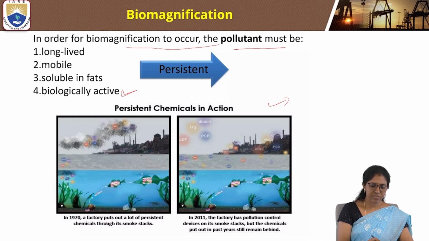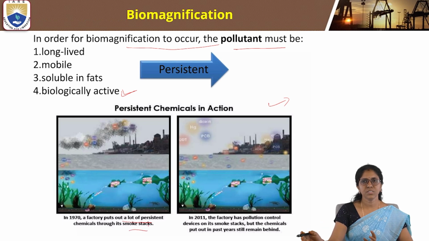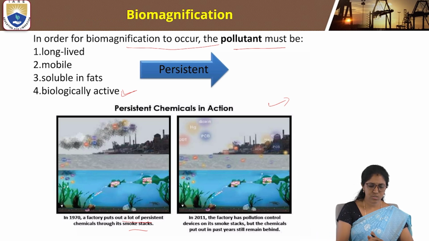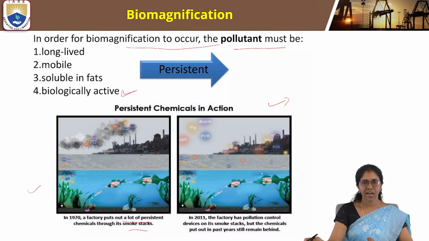In 1970, a factory puts out a lot of persistent, toxic, long-lived chemicals through its smokestacks, through the air. So the lake shown in this diagram is contaminated by air.